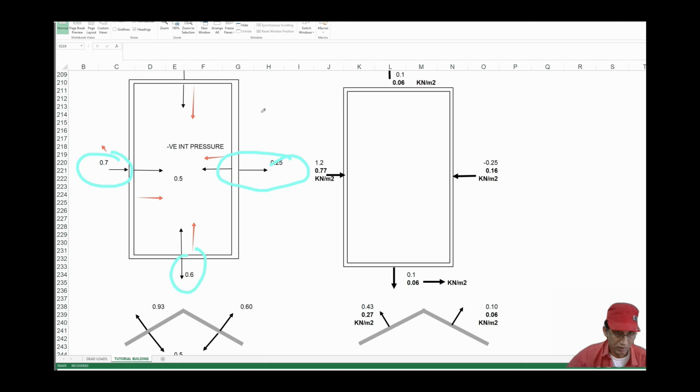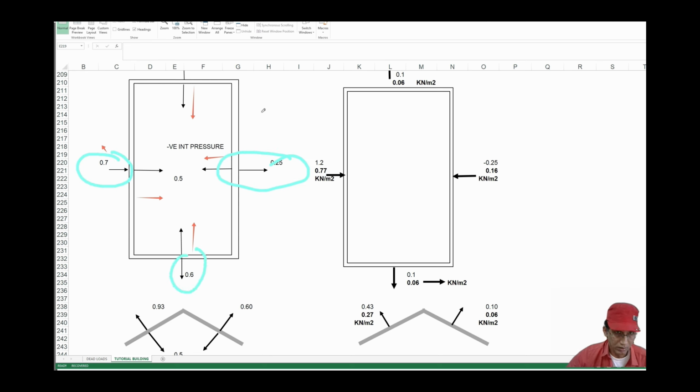This is 0.5. So this value works out accordingly, and this is along the global y direction of STAAD. I hope with this we have been able to understand how the magnitude and direction of wind pressure has to be worked out.